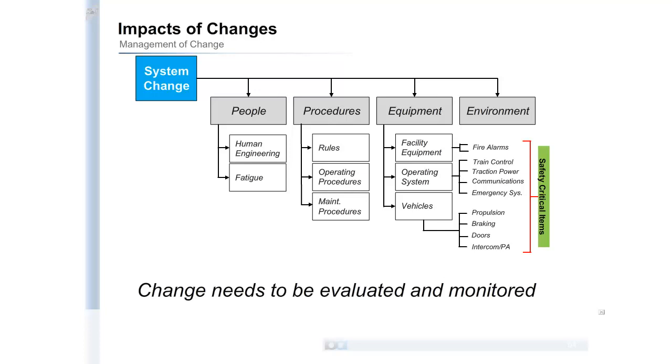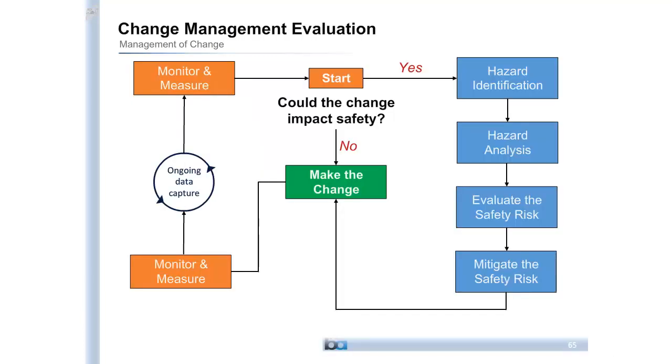When it comes to equipment, we should consider potential facility equipment, operating system, and vehicle issues. When it comes to the BART system environment, we should consider fire alarms, train control, traction power, communications, and emergency response systems issues.